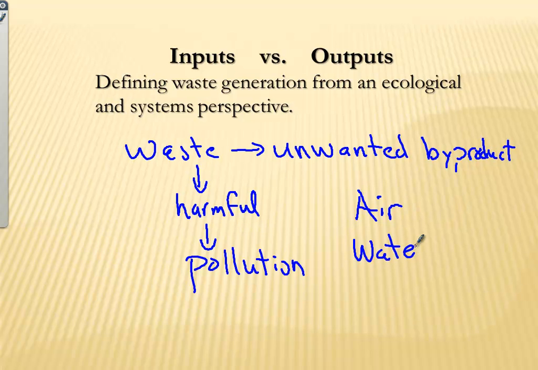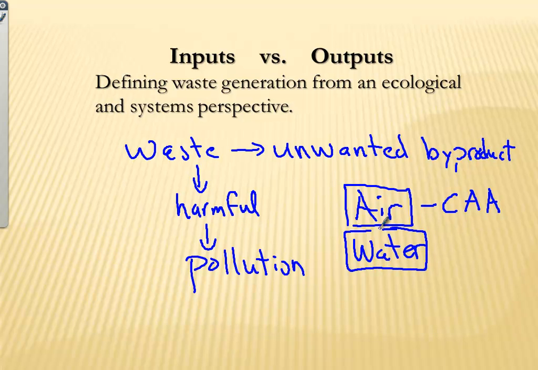So what did we do? We created a law that prevents waste from going into the air, or reduces it, and that is the Clean Air Act. Then we created laws to stop the pollution going into water, and you'll never guess what that's called: the Clean Water Act. Both of these laws were in the early 1970s.